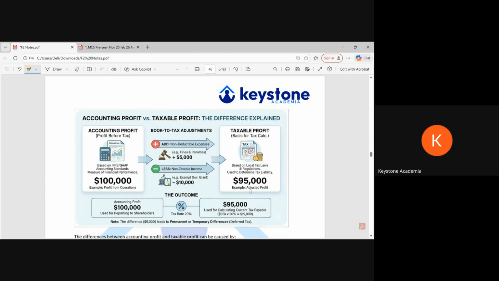Taxable profit here is 5,000. Example, fines plus penalties. Accounting profit versus taxable profit. Less non-taxable income, exempt government grants. Accounting profit is 100,000. Then we have 20% tax.